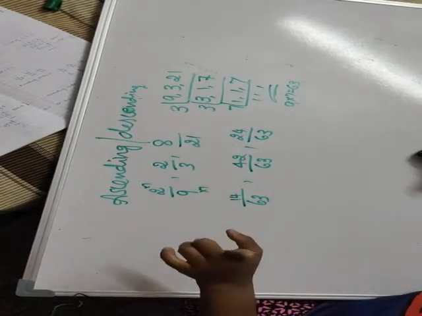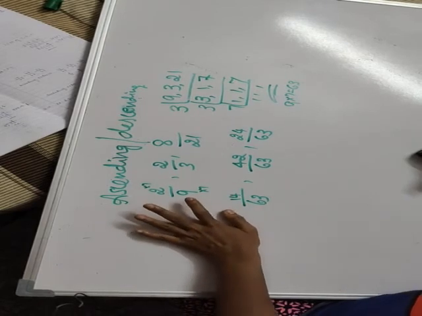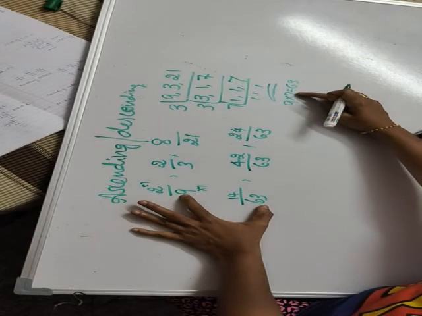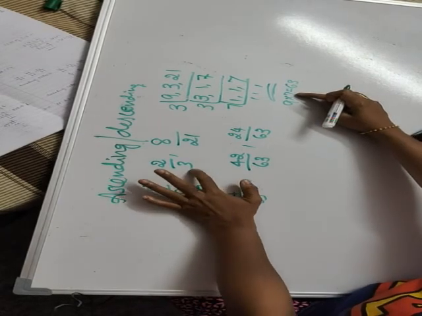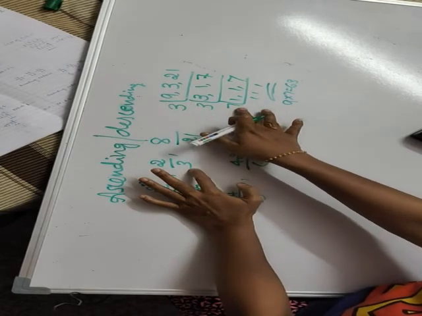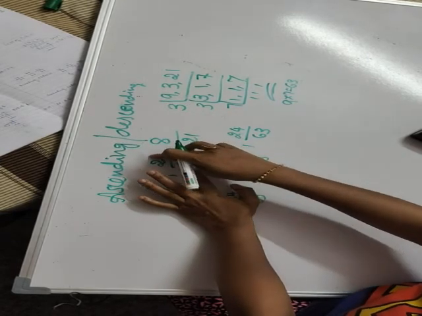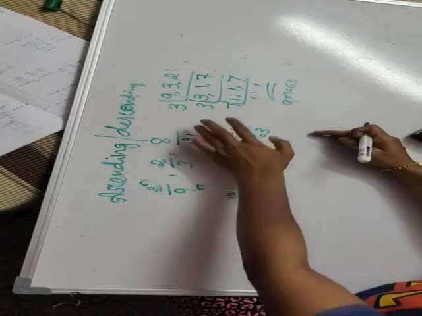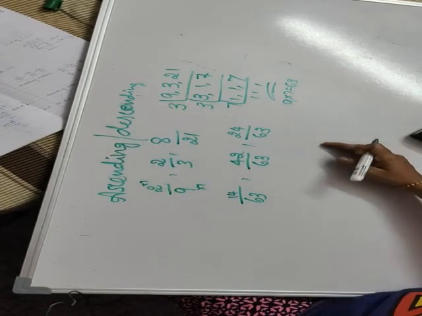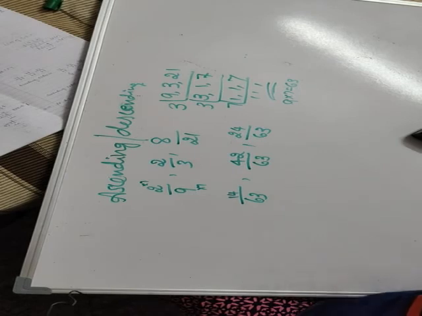Or one more method is there: 9 into how much is 63? 7. That 7 you can multiply here. 3 you have to leave. Remaining two numbers: 7 3s are 21, so 21 you have to multiply here. Remaining is 3, so by 3 you have to multiply here. There are a lot of methods. Whichever one you feel is easy, that one you follow.